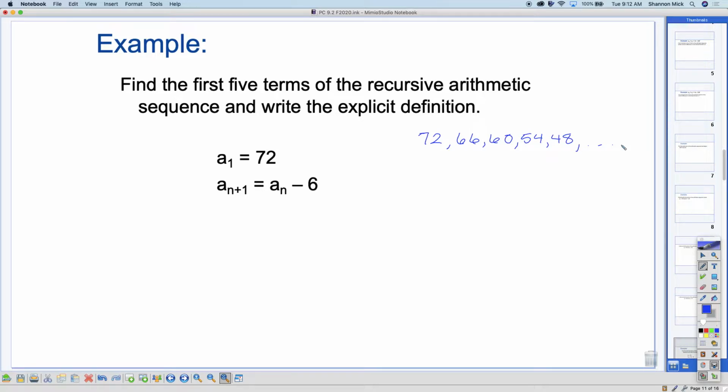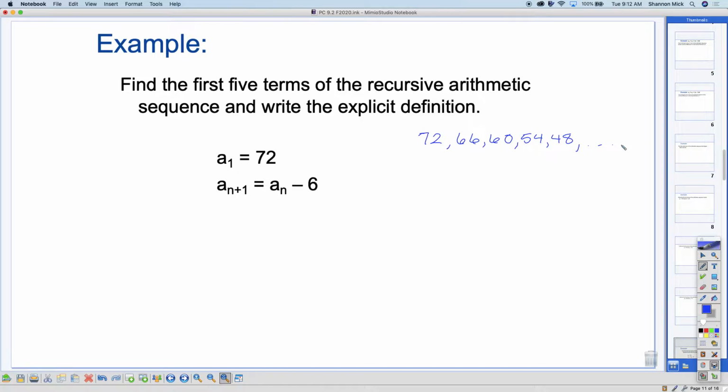Now, if I'm doing explicit and I need like 6 numbers in a row, the first one I'd plug in and the next time I'd probably just subtract 2 or whatever if I saw it, which I'd be kind of incorporating both. But explicit lets me find something individually by itself. Recursive, I have to find everything, right?